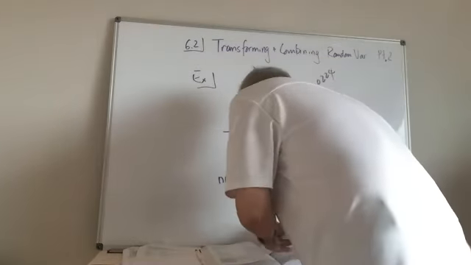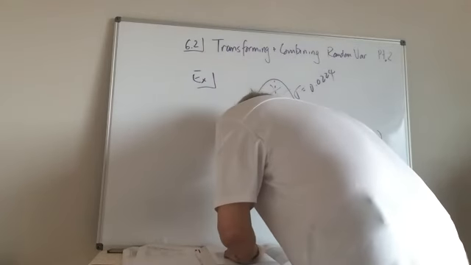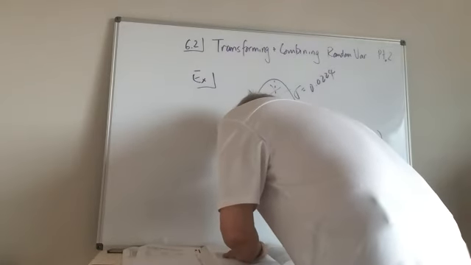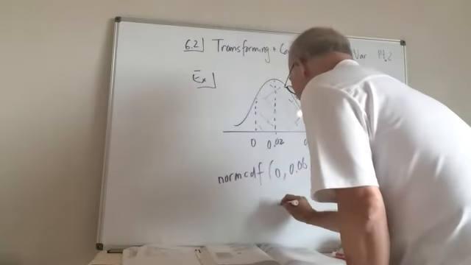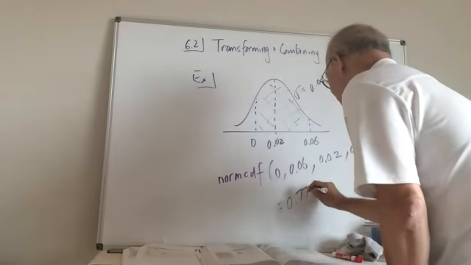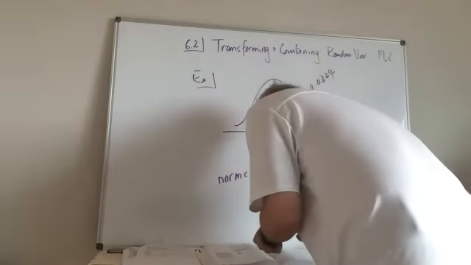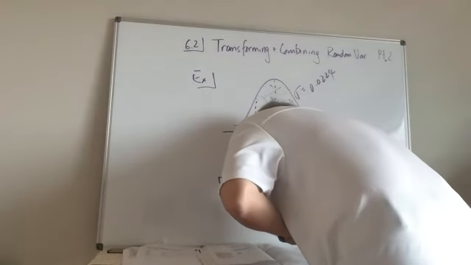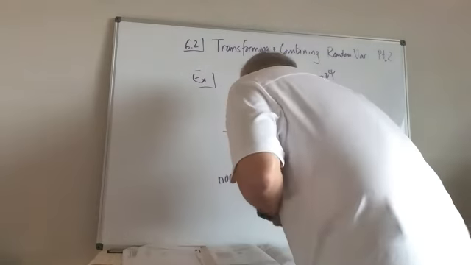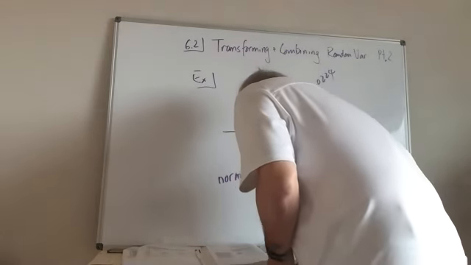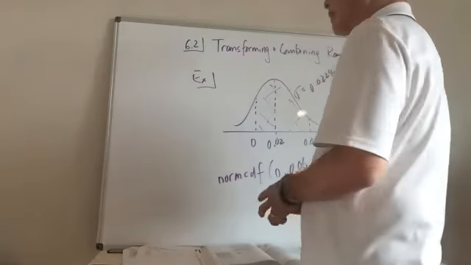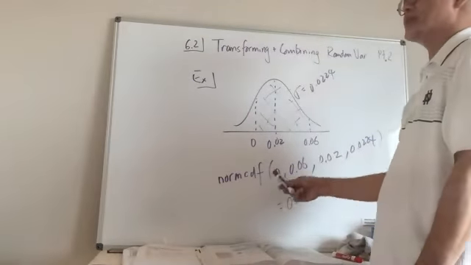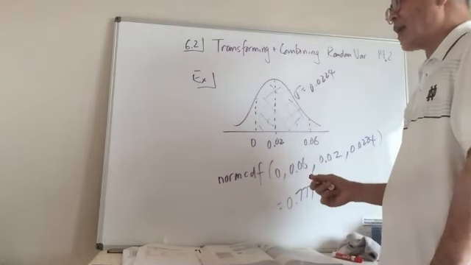And if you do that, you get 0.777. So there is a 77.7% chance that a randomly selected lid would fit. In other words, 78% of the time, you're going to be okay.